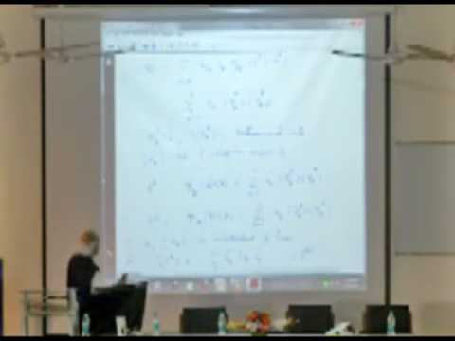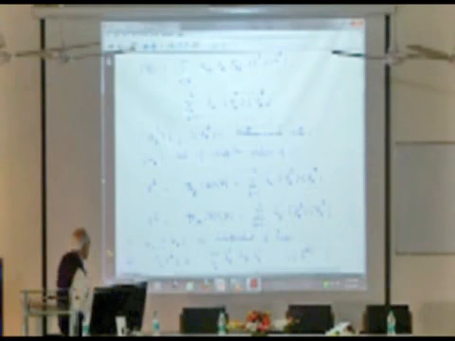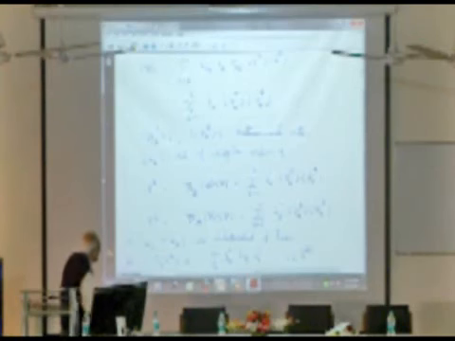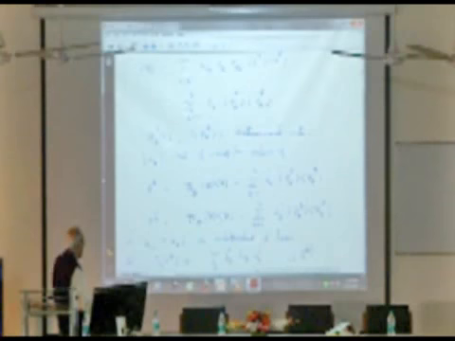This is an orthonormal set, and that is an orthonormal set, and the summation is up to R, and this is called the Schmidt decomposition of the state C. This R is called the Schmidt number of the state C. And this R and lambda_k are independent of what basis you selected in the beginning.